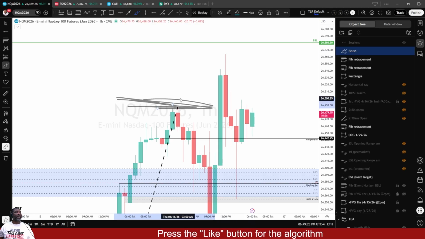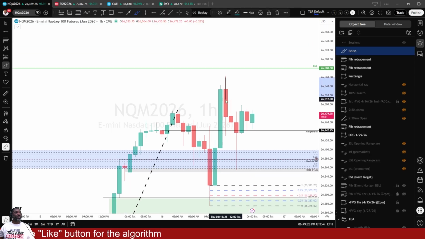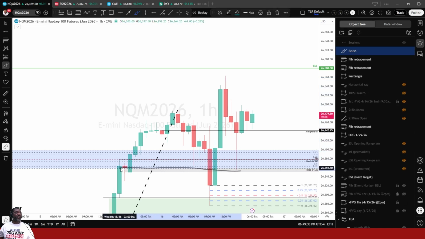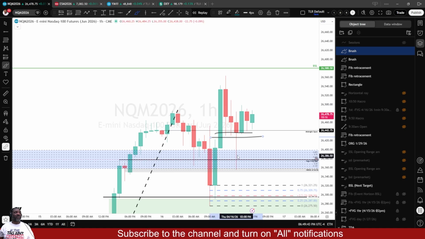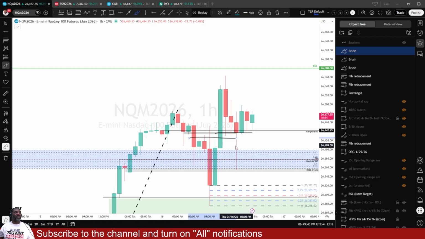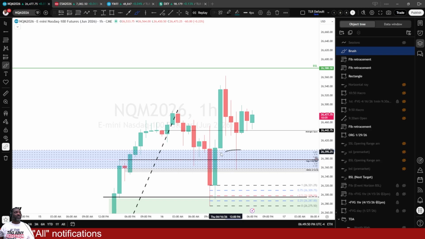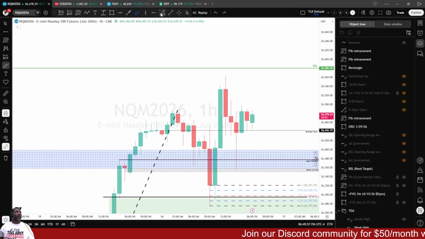Takes out the high there, sets relative equal highs, and then we trade all the way back down right around consequent encroachment of the new day opening gap, and then rallies back up and closes above the fair value gap, above the inversion fair value gap, and above the opening range gap. All of the PD arrays that should be supporting price.